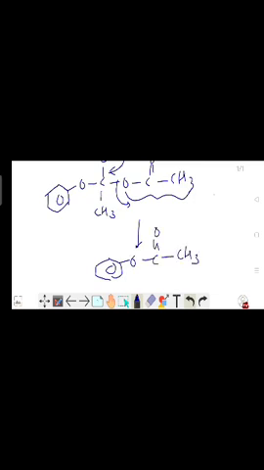So when phenol reacts with acid chloride or acidic anhydride, in both cases it produces ester.